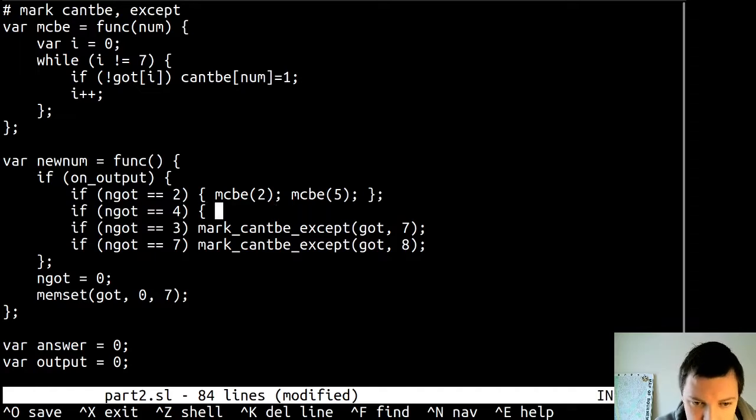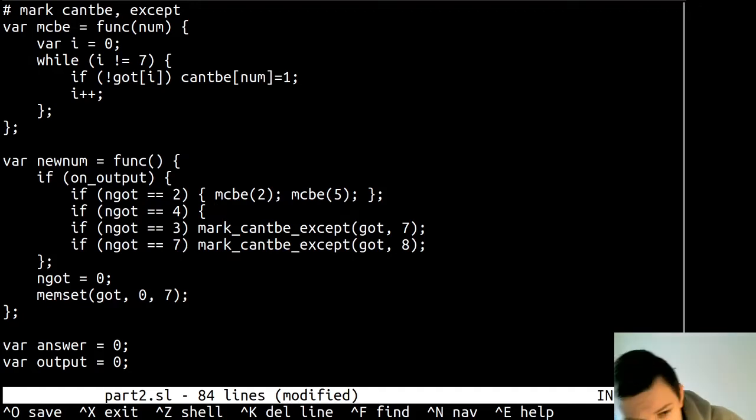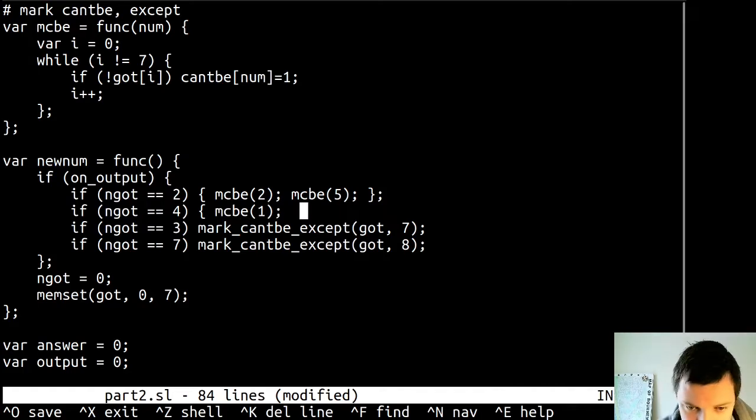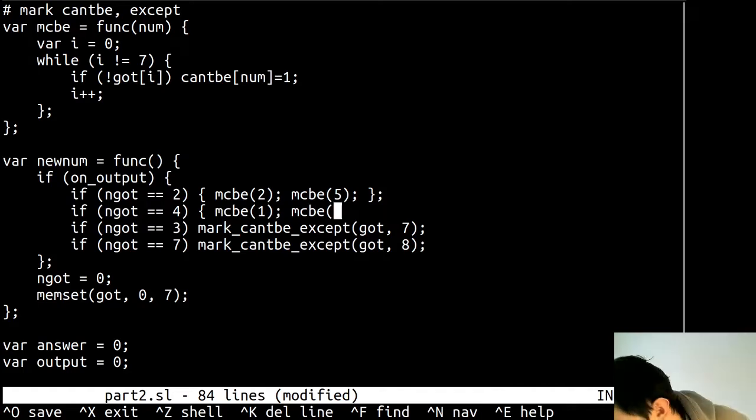And for 4, this feels like I could put these in an array instead of hard coding them, but we'll press on. So for 4, it's the number 4, so we need to mark B, C, D, F. That's 1, 2, 3, 5.